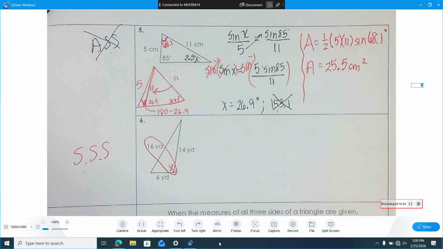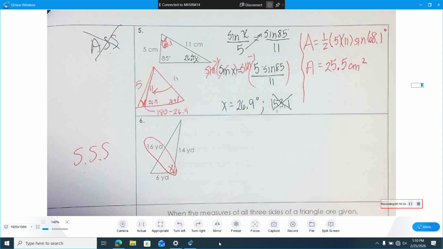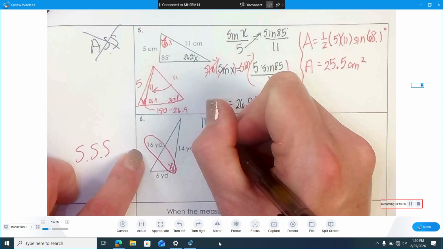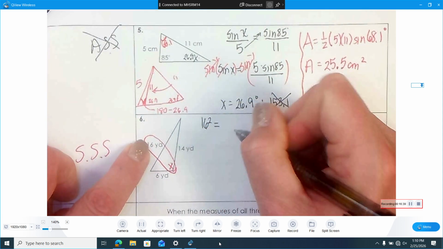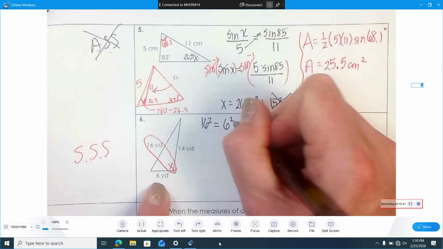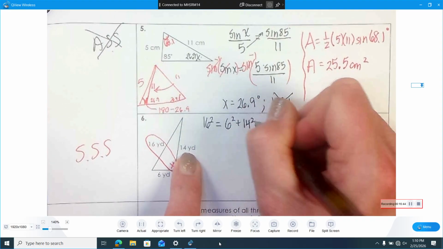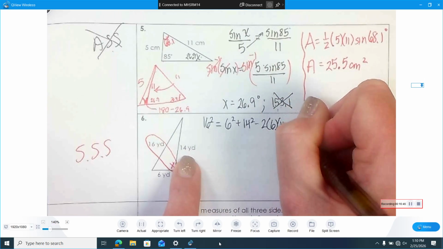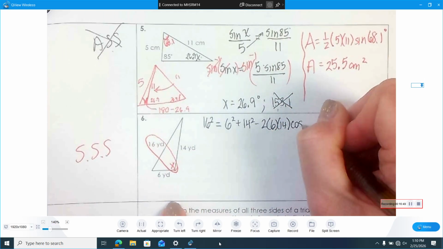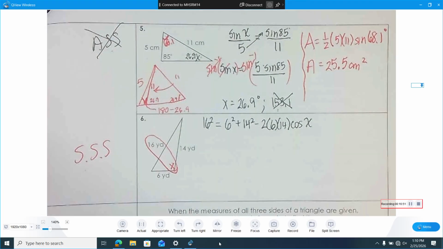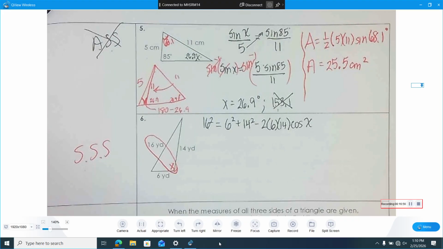I pick an angle, and so what can I use to figure out that angle measure when we have side info? Law of cosines, yes, law of cosines. So 16 squared is equal to the other side squared plus the other side squared minus twice the product of the sides times the cosine of our included angle. Law of cosines. So we kind of bring everything together here, right? All the formulas that we've learned.